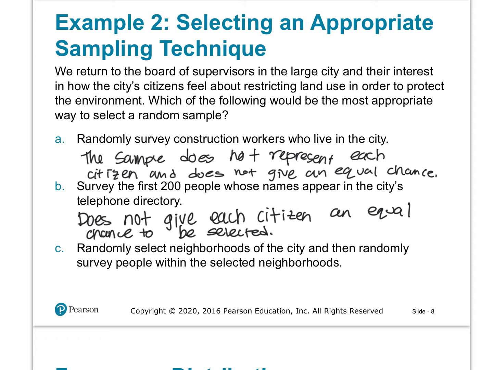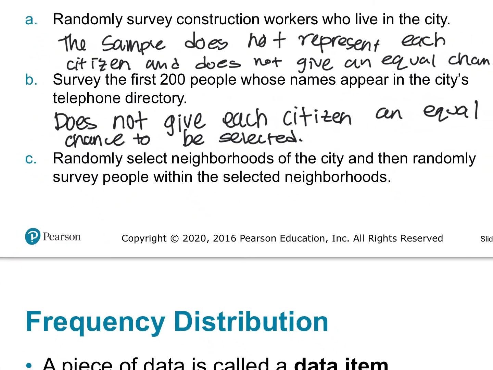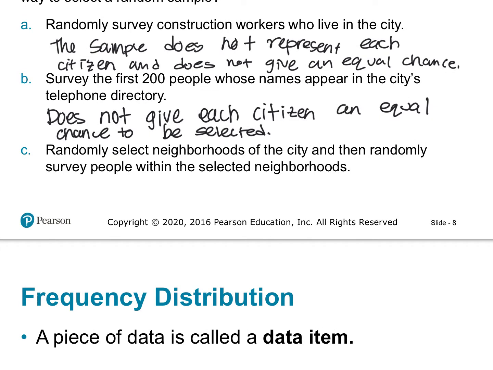All right, and then randomly selecting neighborhoods of the city, and then randomly surveying people within the selected neighborhoods. This would be an example of that random selection because you're randomly selecting the neighborhoods, so you're not favoring one or the other, and then you're randomly selecting citizens within that neighborhood. So still not favoring a population of people.